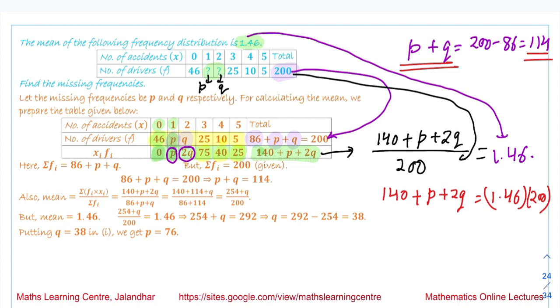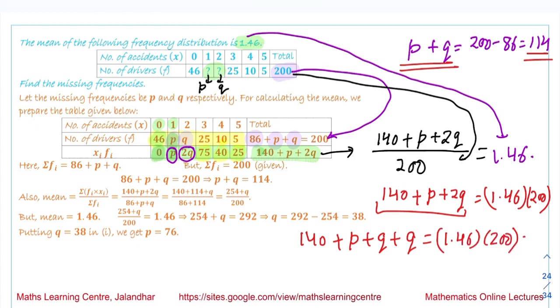So what we can say from this is, we can write this as 140 plus P plus Q is equal to 1.46 into 200.